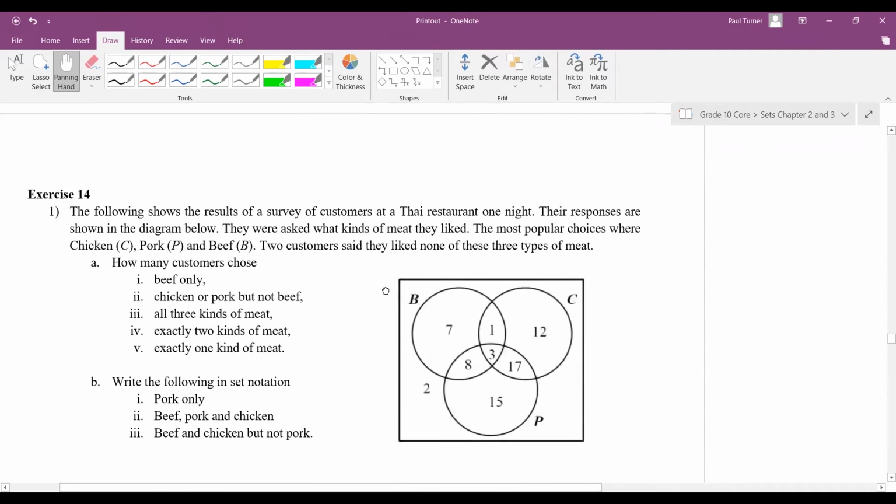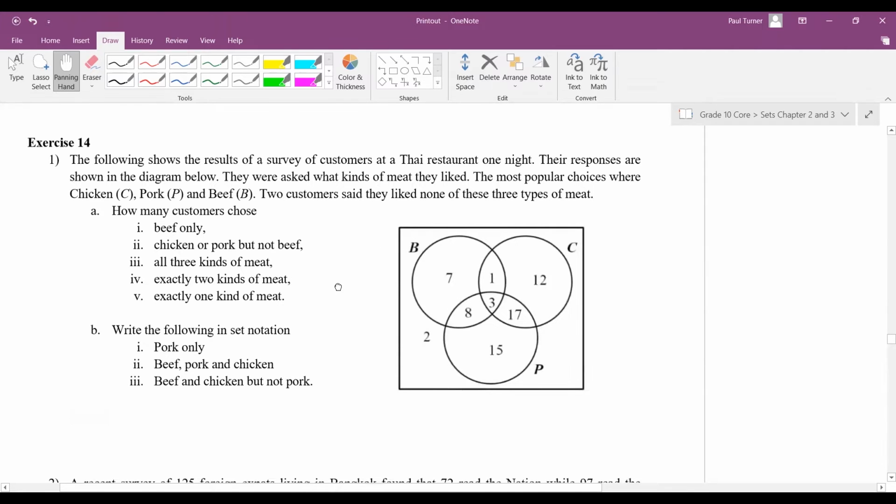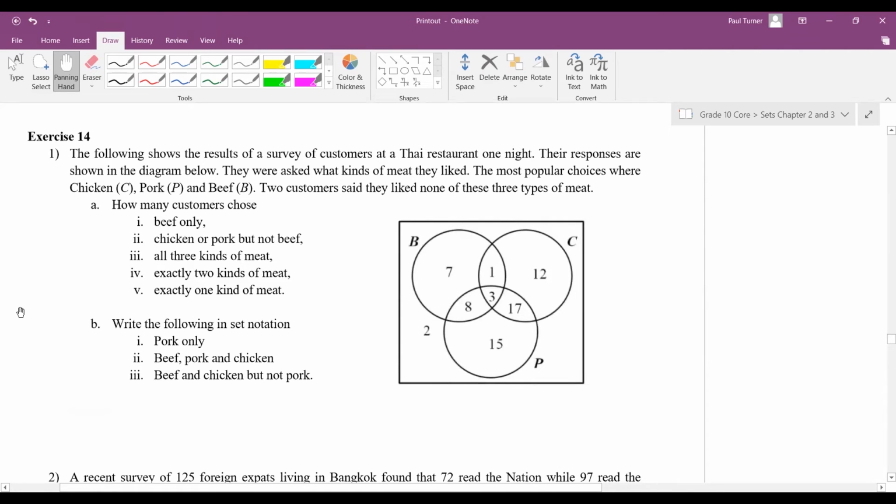Okay, so let's do this one together. Exercise 14. Can you go to that page? Before we start, these numbers represent numbers of customers in a Thai restaurant in one night. Their responses are shown in the diagram below. They were asked what kinds of meat they liked. The most popular choices were chicken, pork, or beef.